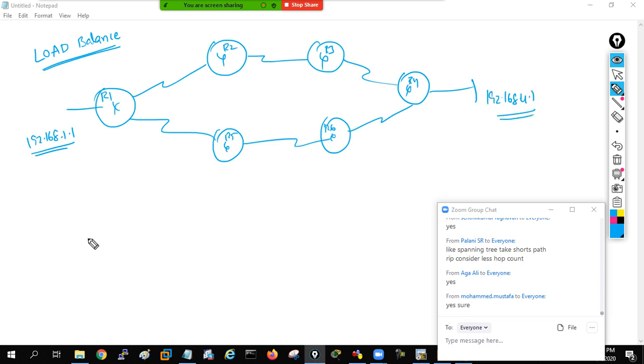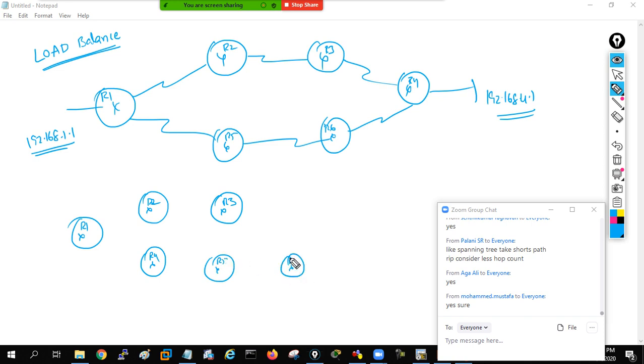This is very important, guys. Again, one more topology. Let's make it small, okay? Router 1, router 2, router 3, router 4, router 5, then router 6, then here there is router 7.